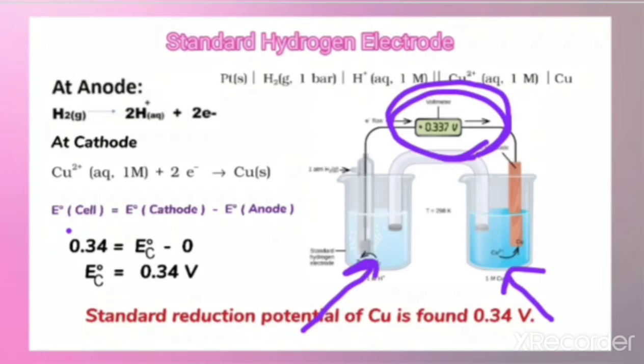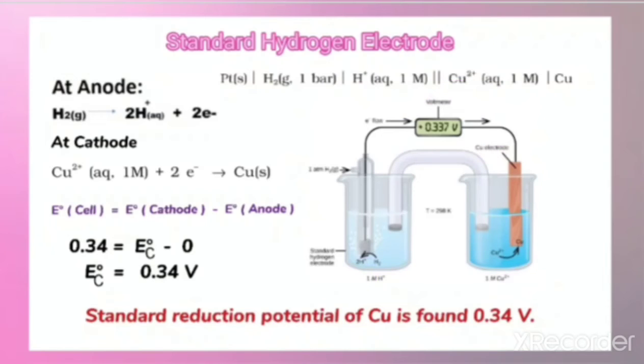Here we are keeping the standard hydrogen electrode at the anode, because it will act as an anode. So the value of E naught anode is 0, because it is a reference electrode having a reduction potential value 0, and we have to find E naught cathode. So we will substitute the values here.